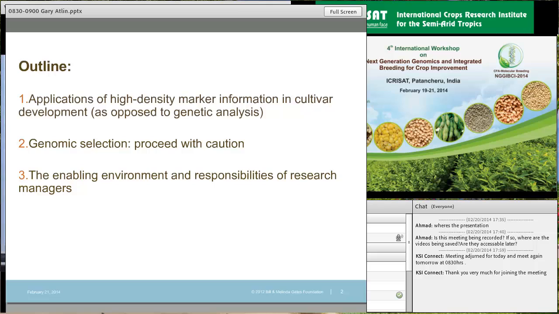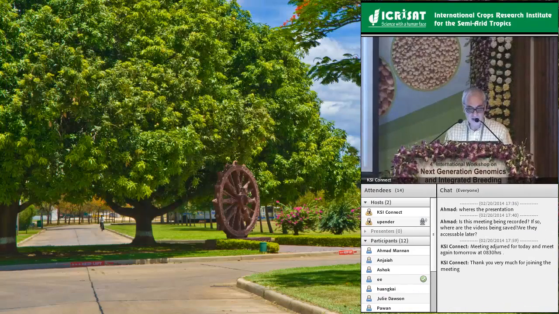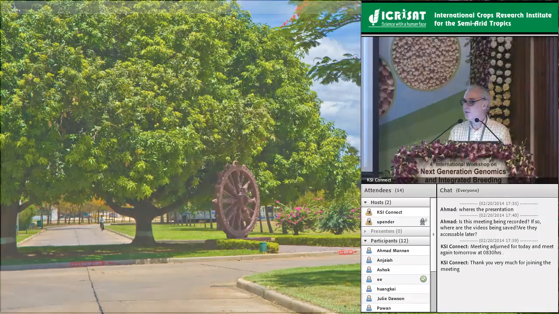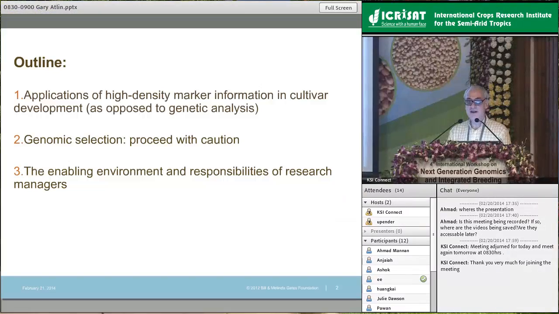I'm going to quickly run through three basic areas. Applications of high-density marker information in cultivar development as opposed to genetic analysis. A number of these applications have already been discussed in this meeting, and so I'll touch on them.